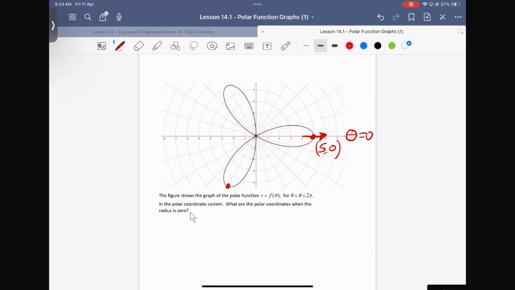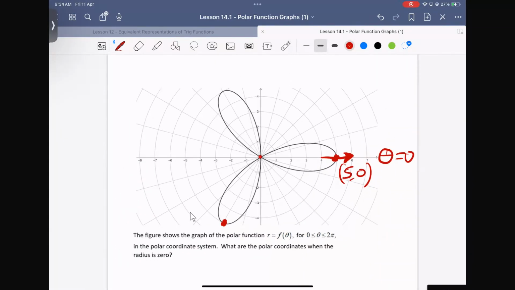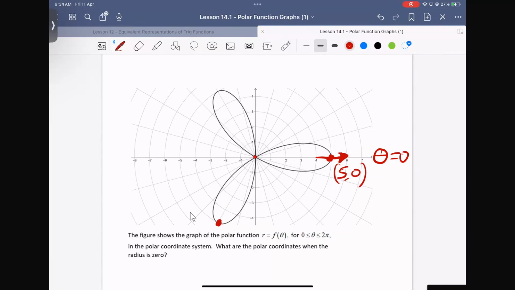Now remember, what's the first theta at this point? Trace the graph. We are going to go like this, aren't we? There. We're going to go like that. We are going to go like this. So we've got that one is going to be here.